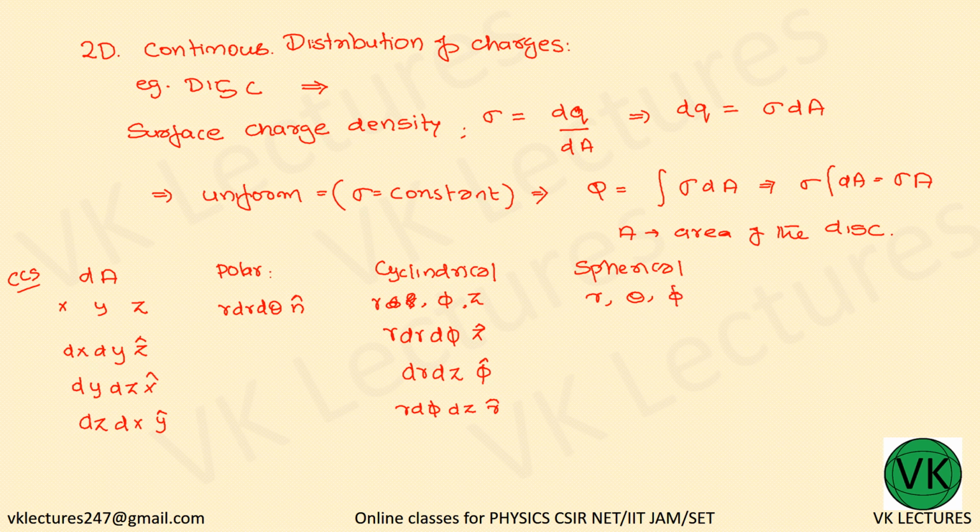The first one is r dr d theta in the direction of phi cap, then r sine theta dr d phi in the direction of theta cap, and r square sine theta d theta d phi in the direction of r cap.